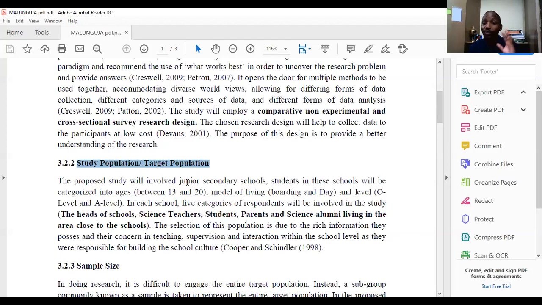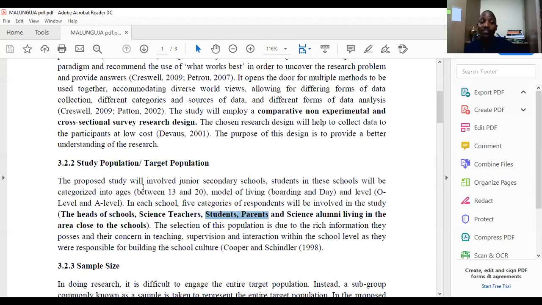Because when you go to a school, you find a lot of respondents, so he is telling us which respondents are going to be considered. He said 5 categories. He will have heads of schools, science teachers, students, parents, and science alumni living close to those schools.